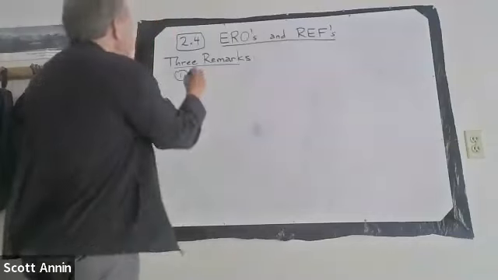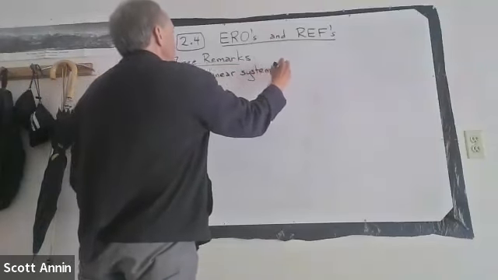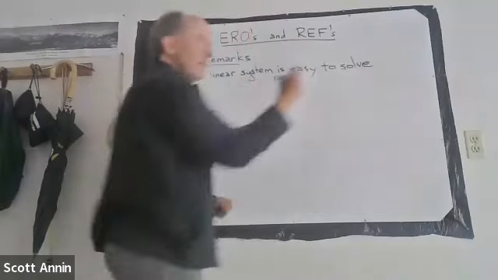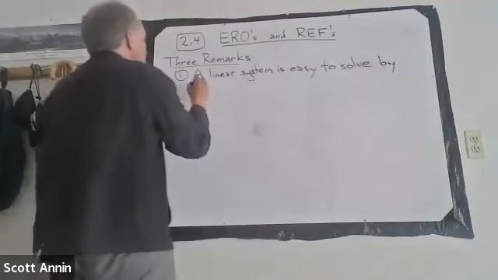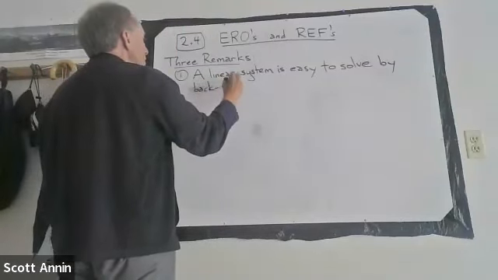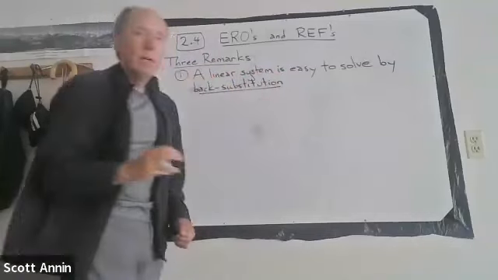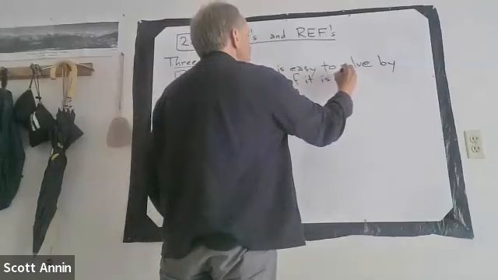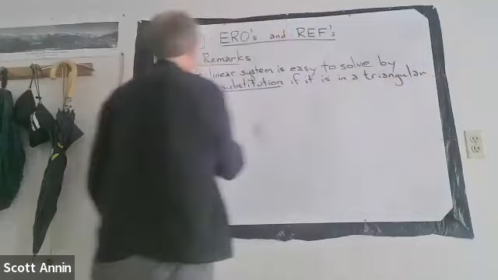So the first one is that a linear system is easy to solve by something that is usually called back substitution. It's easy to solve by back substitution if it is in what is called a triangular form.